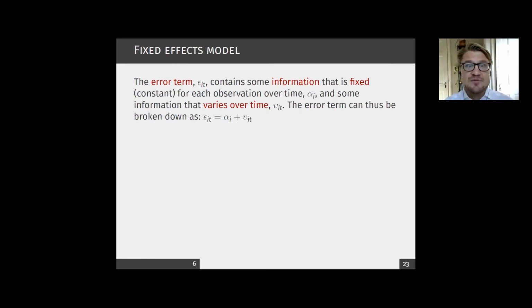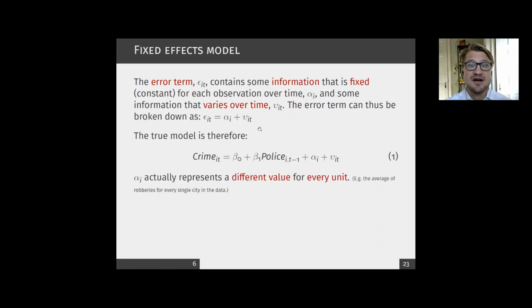And so this can be broken down into the time-invariant characteristics. That Greek letter is alpha, denoted only with an I because it does not vary by time. It is a different value for every single city, but it's everything that does not vary over time. And this other component, called upsilon, not epsilon, does vary over time.